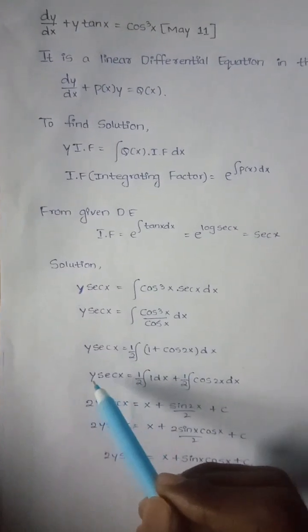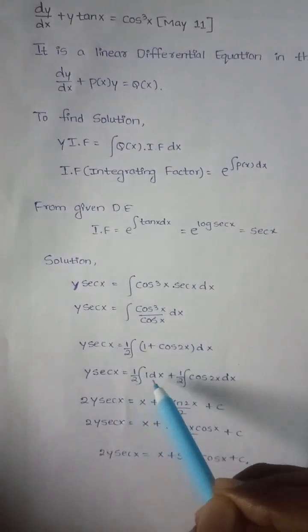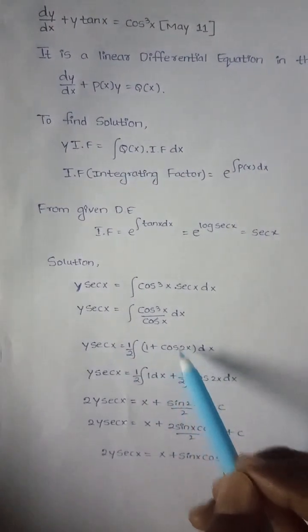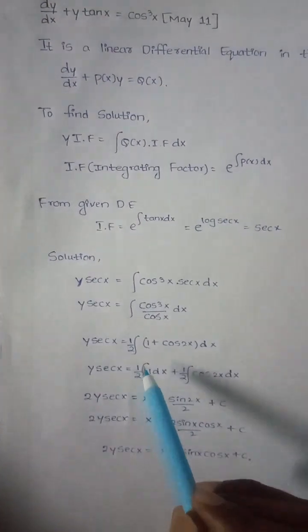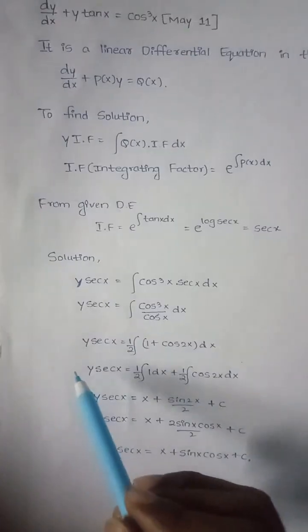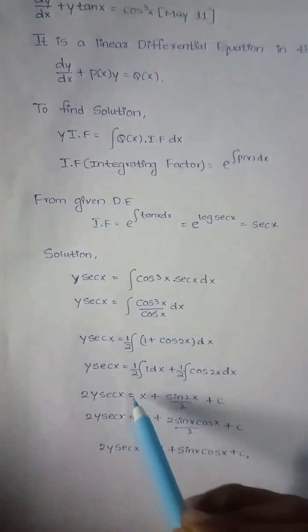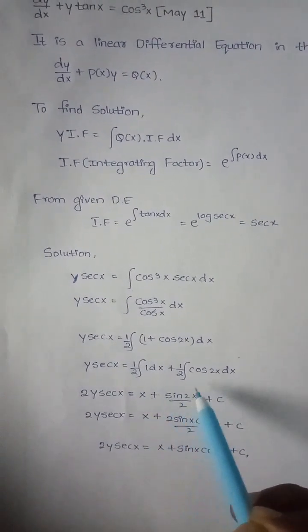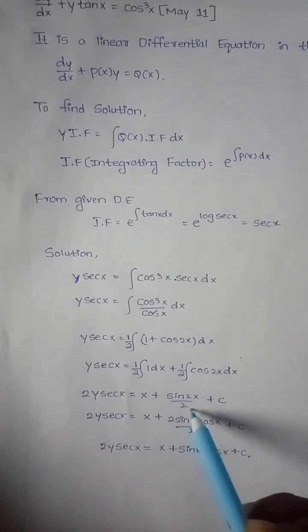From this, y into sec x is equal to 1 by 2 into integration of 1 dx plus 1 by 2 into integration of cos 2x dx. If we take 1 by 2 to the left side, it becomes 2 into y sec x is equal to integration of 1 dx is x, plus integration of cos 2x dx is sin 2x by 2.